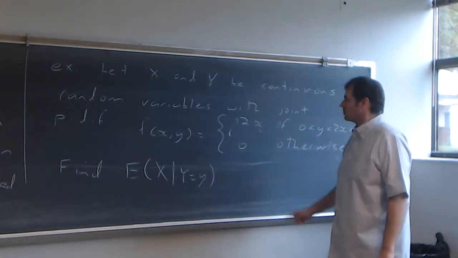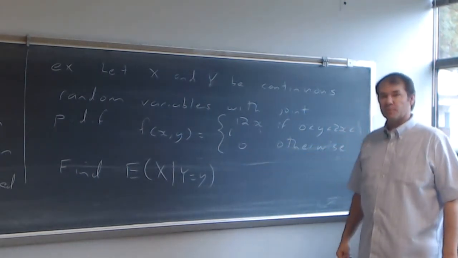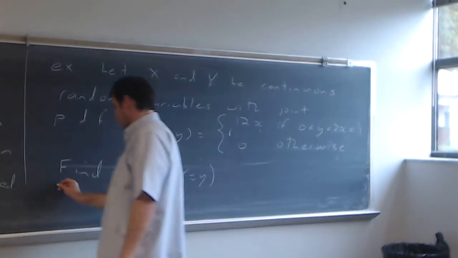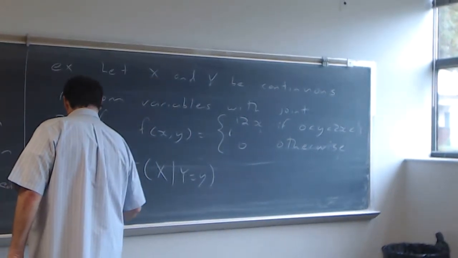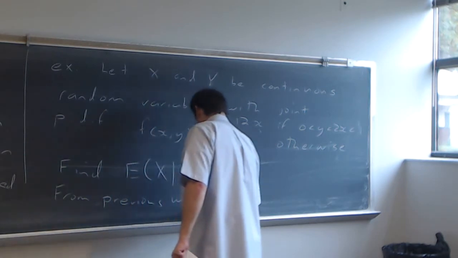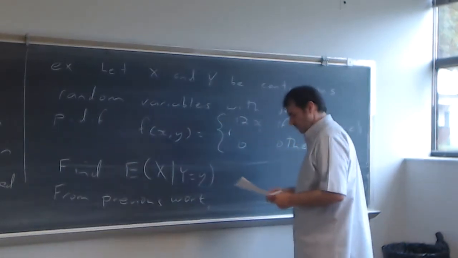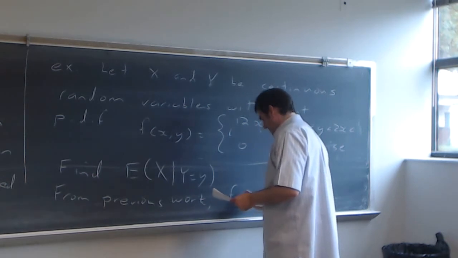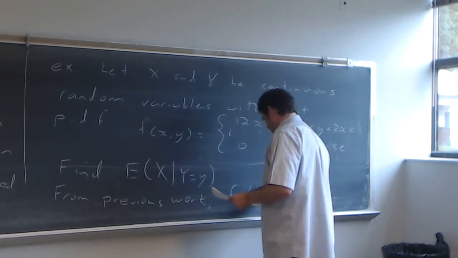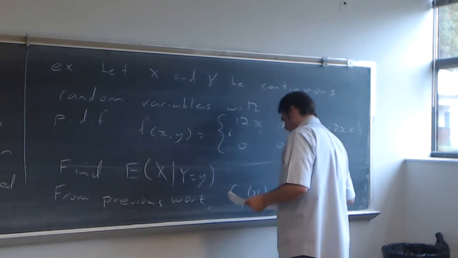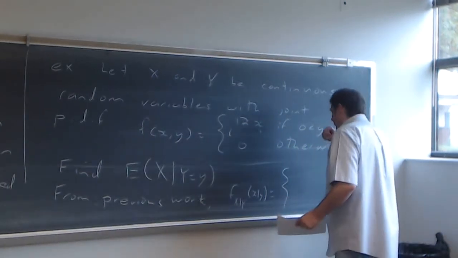We had already worked with this problem before, and I'm just going to recall from previous work. From previous work, the conditional probability density function of X given Y is equal to this piecewise defined function.